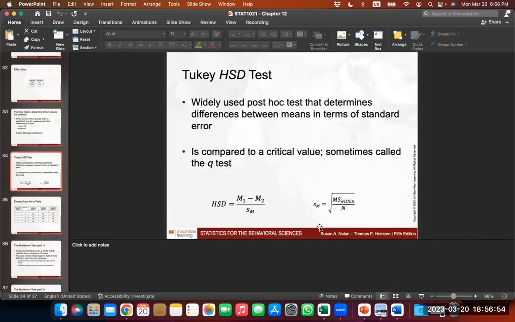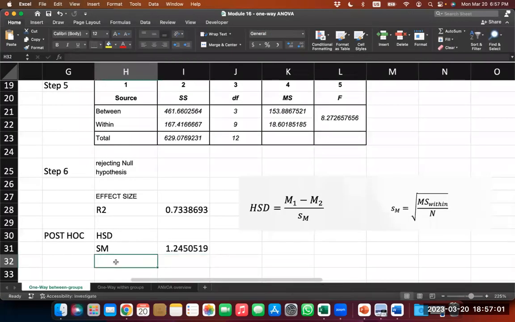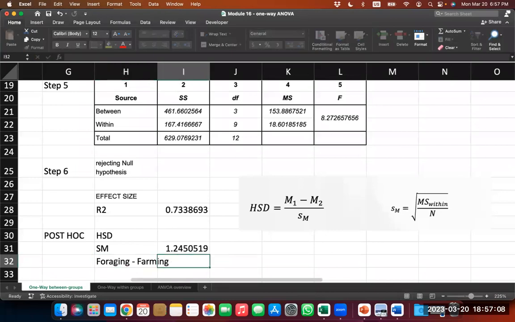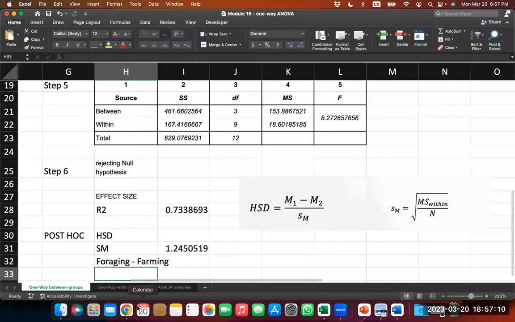Okay, so HSD is M1 minus M2. So we're doing foraging minus farming, and foraging minus natural resources. Let's just do two examples.